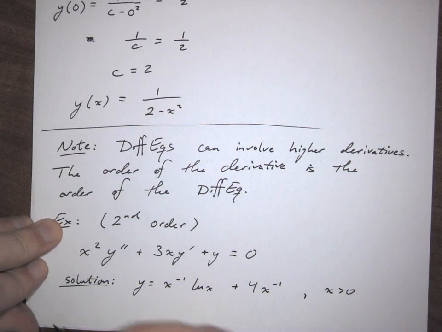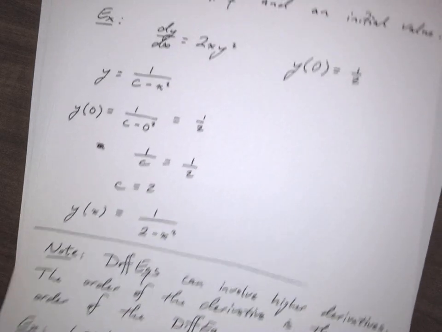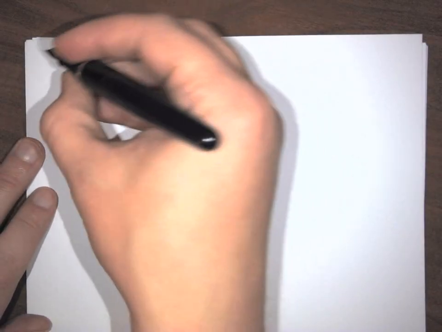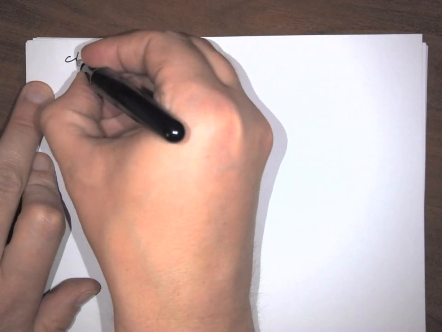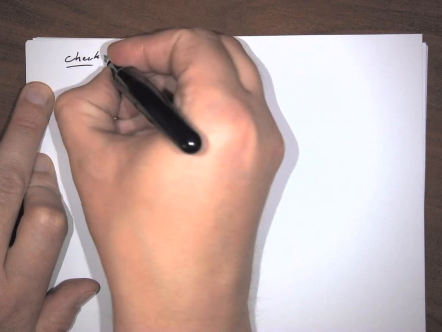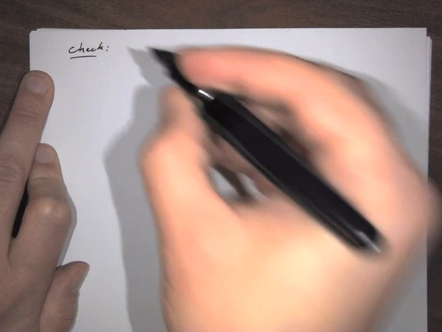So to verify this, what we would need to do is take the derivative and the second derivative of the y, and confirm that it actually fits the bill.